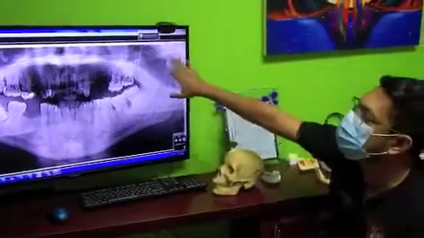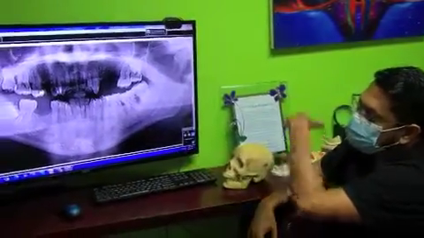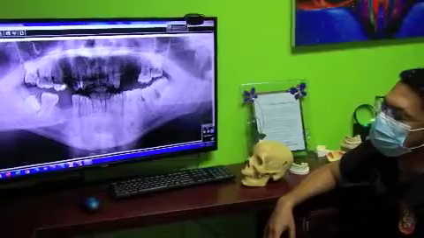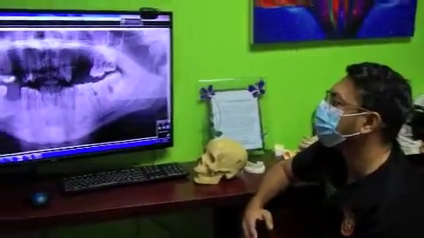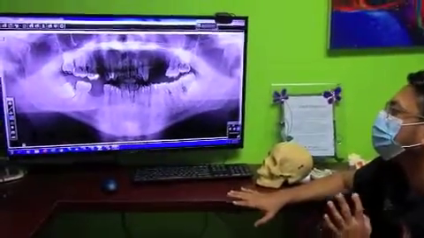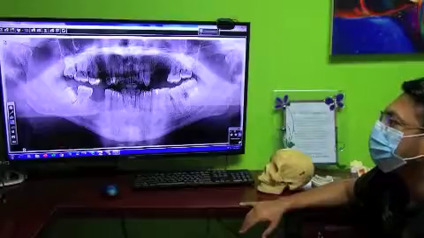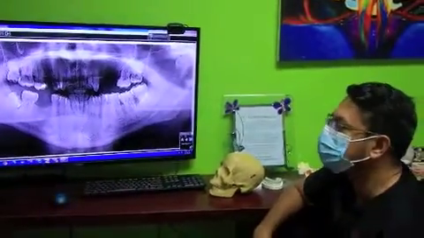When you see changes to, say, TMJ joints, or you see gross bone loss generalized over a period of time, these are not things that happen very quickly. These happen chronically over time, so it paints a longitudinal picture of the direction in which this patient's rehabilitation should take and what kinds of factors should be taken into consideration.